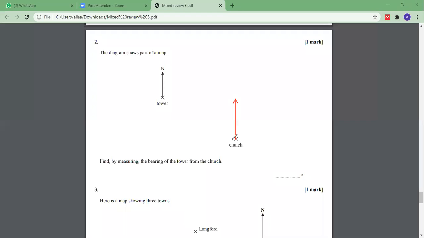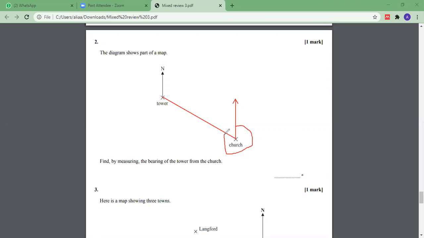Okay, I need this. I will join them. I need to draw north and I need to join them to know the angle. So I need to know this angle.